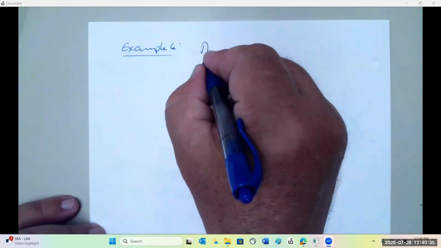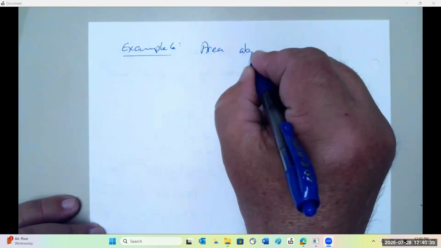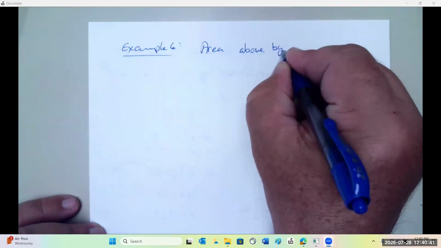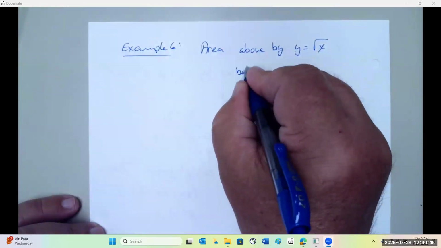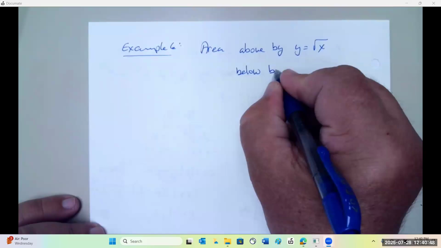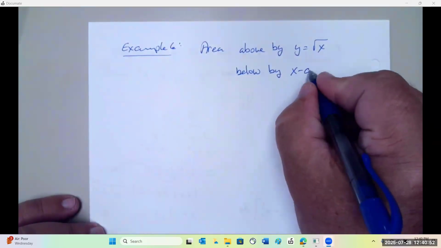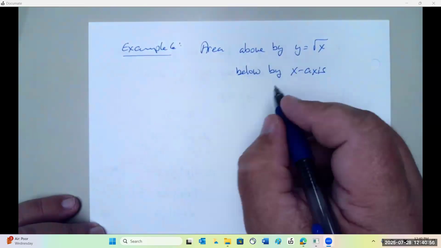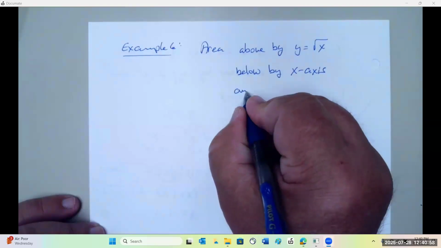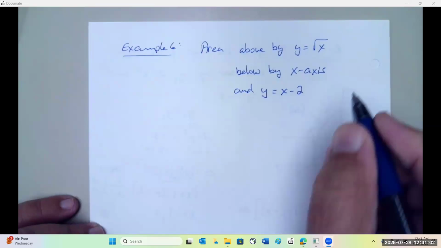Find the area above by y equals radical x, below by the x-axis, and y equals x minus 2.